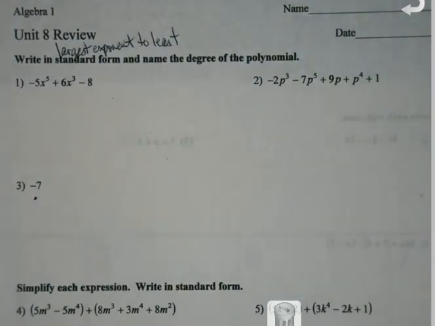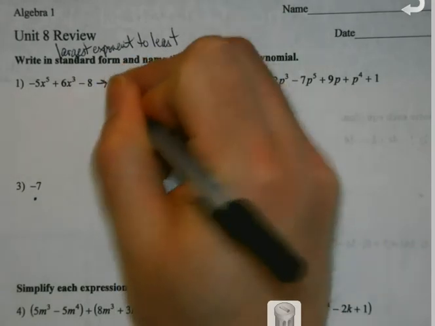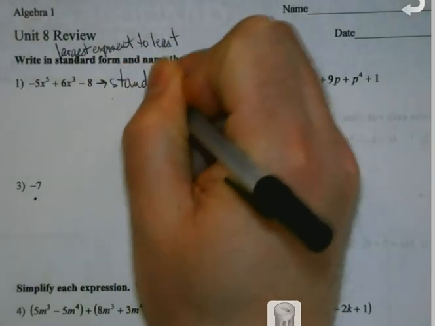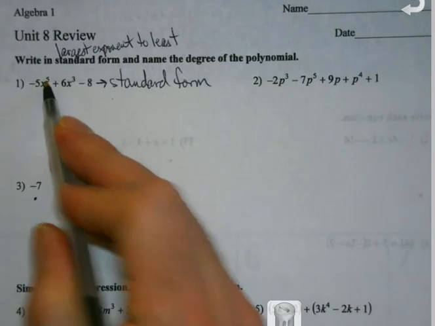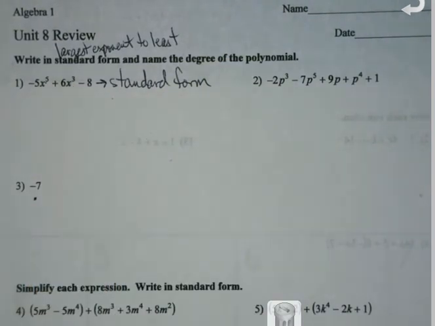Now sometimes they'll already be in order for you. For instance, in this case, this is already in standard form, because if I look, I notice biggest exponent down to least. Nothing too bad.